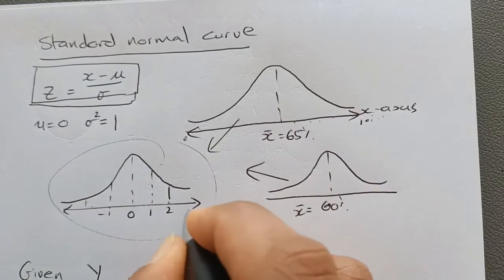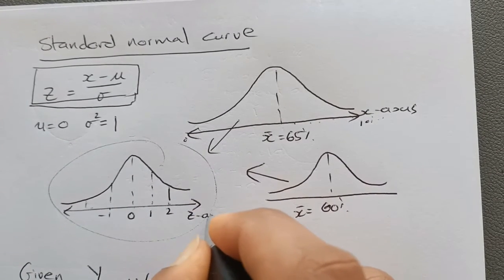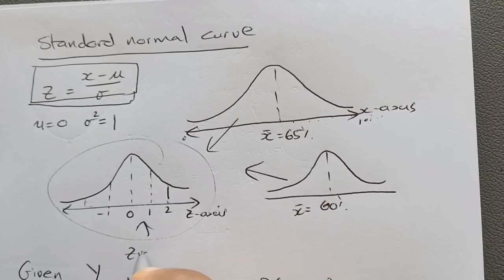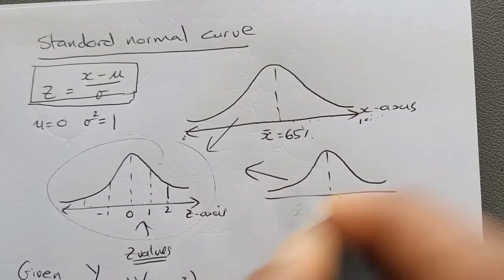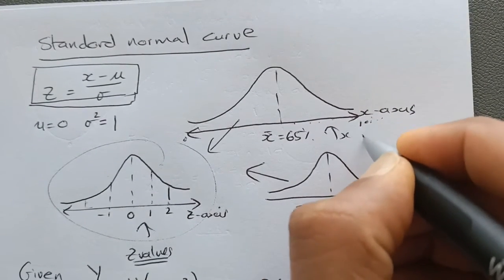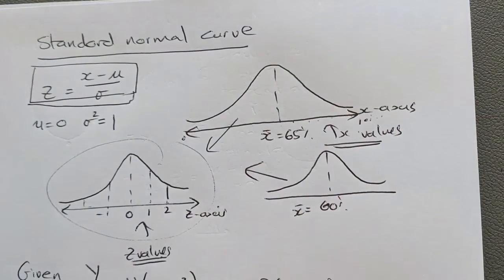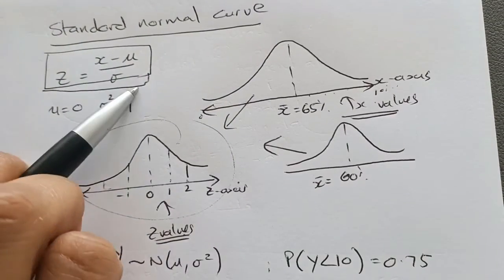It's standardizing into a new axis called the z-axis. So these over here will be z values, and these over here would be x values. We're changing our x values into z values using that formula.